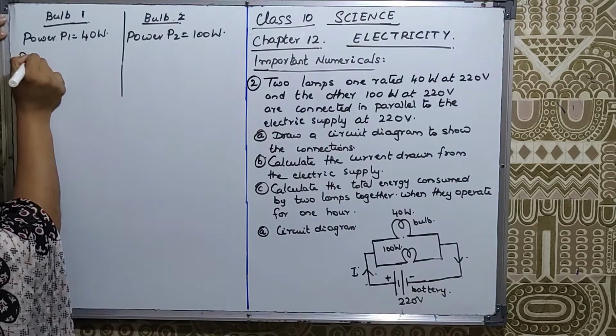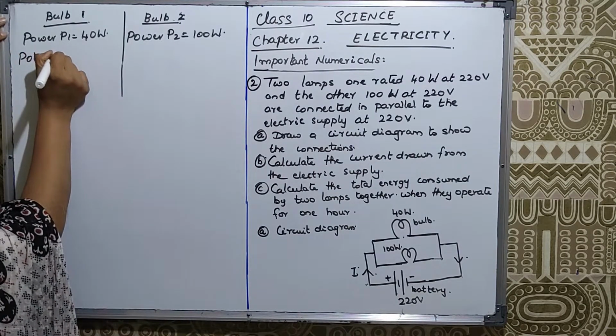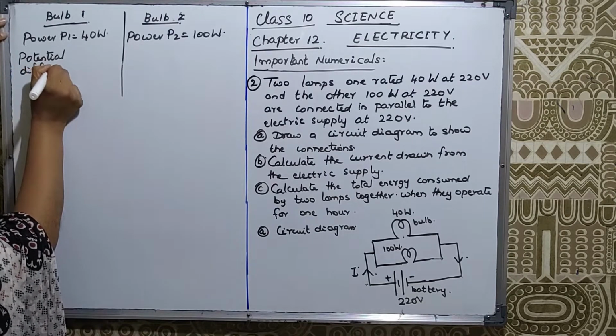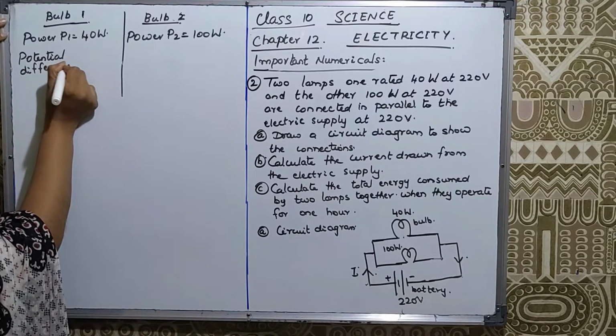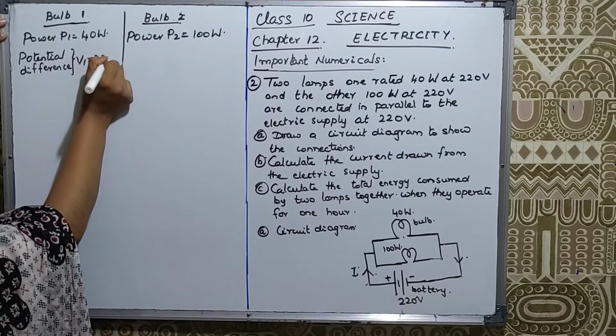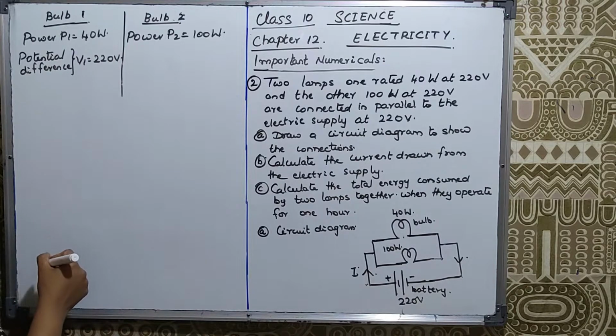Potential difference V1 is 220 V. It is the same for both of them.